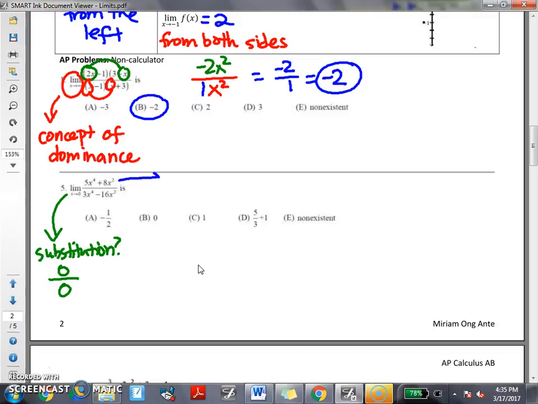So I'm going to look at the numerator and take the derivative of it. The derivative of 5x to the 4 is circle the exponent, bring it down, subtract 1. That'll be 20x to the third plus, do the same for 8x squared, 16x, over, do the denominator.